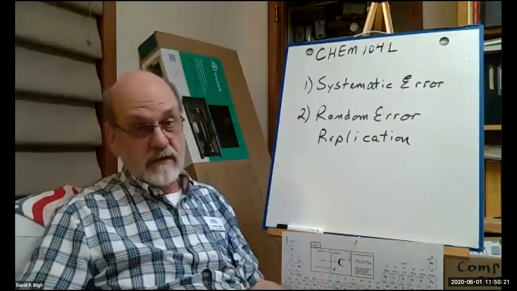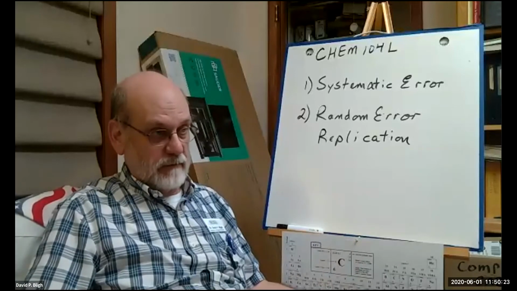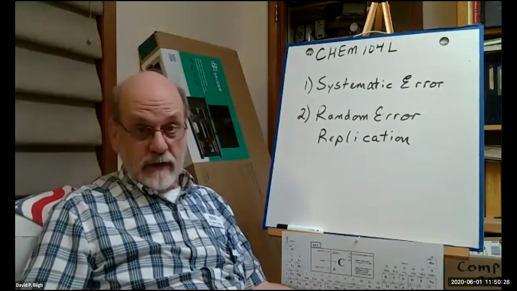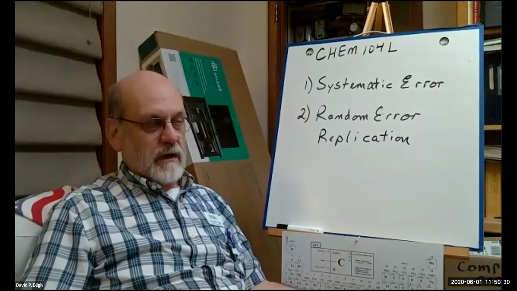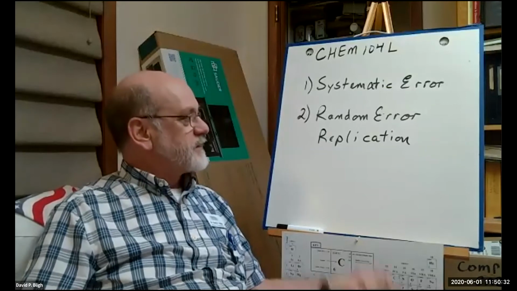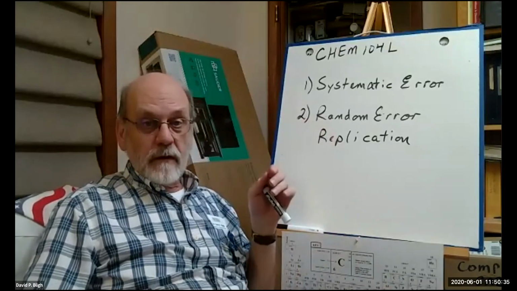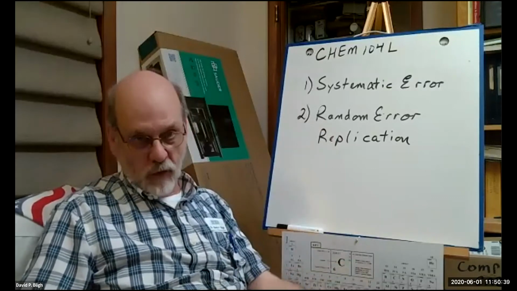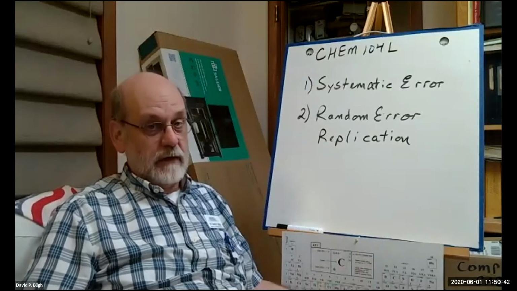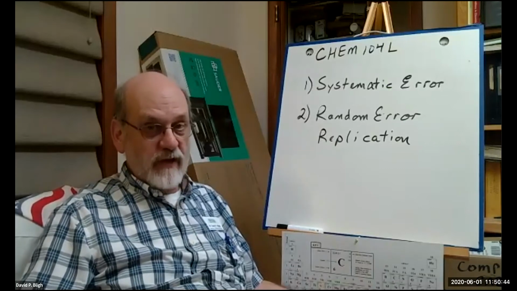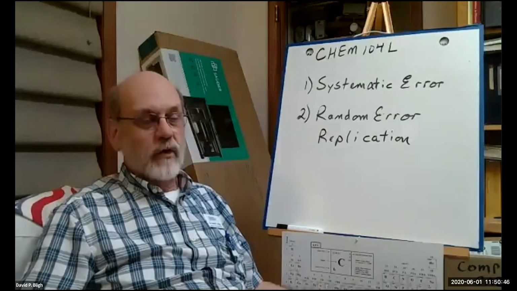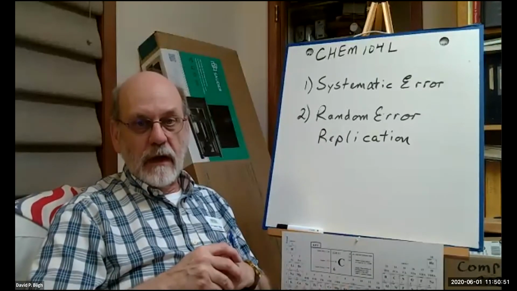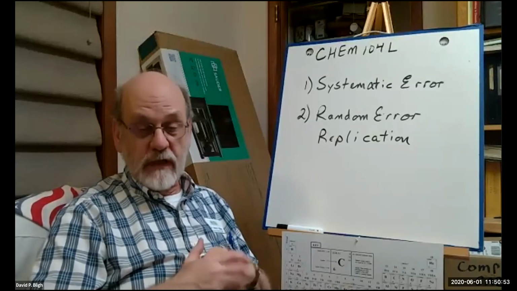You just can't do it exactly every time. In chemistry, the variability, the random error, usually comes from unaccounted for sources. Right? You think you've accounted for every possible source of variation so that when you repeat the experiment, it should give you identical results.